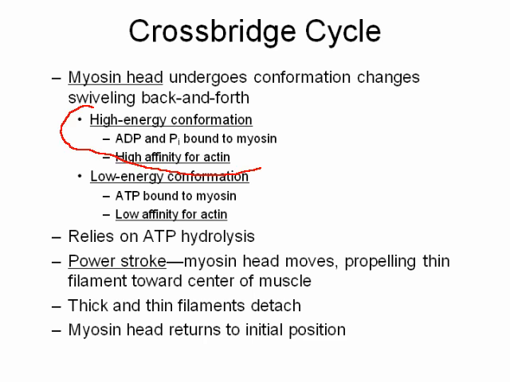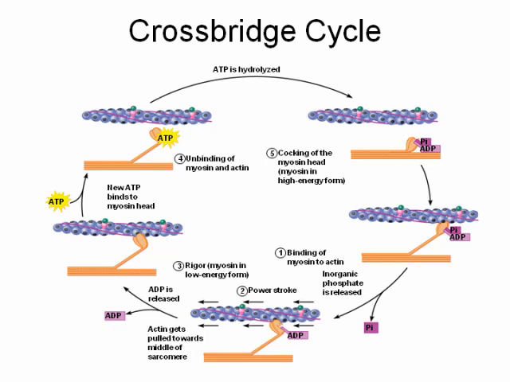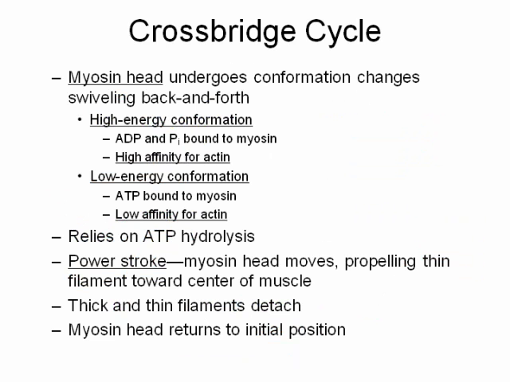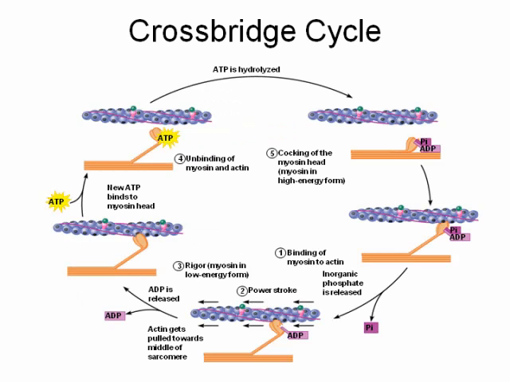The high energy conformation has a high affinity for actin. So this is when the myosin head is going to be bound to the actin molecule. And at that time, it also is bound to ADP and phosphate.